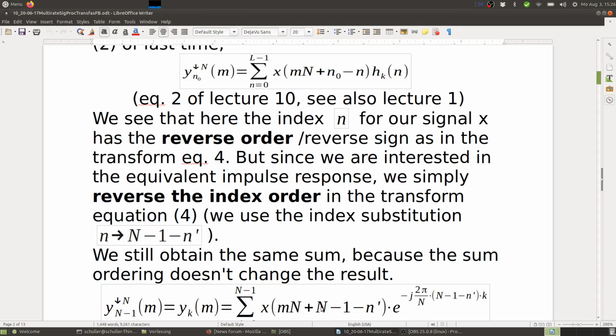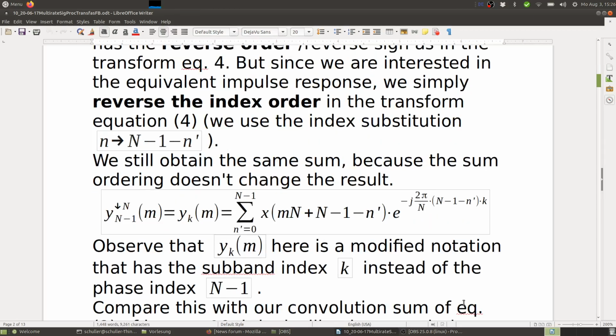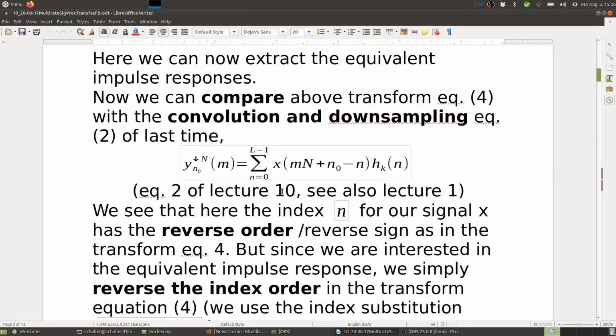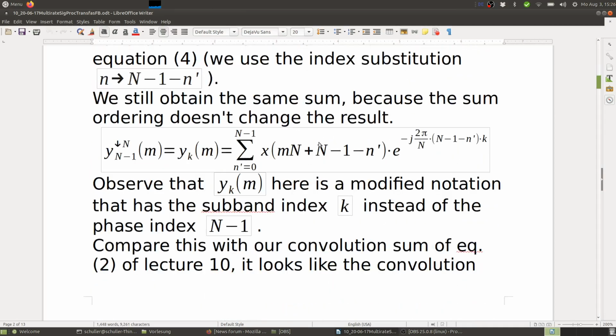Then it's identical. So it's convenient. We could also say this becomes n naught minus n prime. So we can choose n naught to be capital N minus 1, and then basically those two are the same.